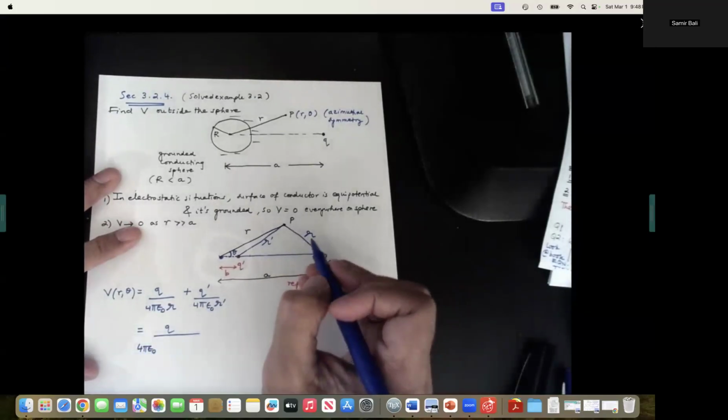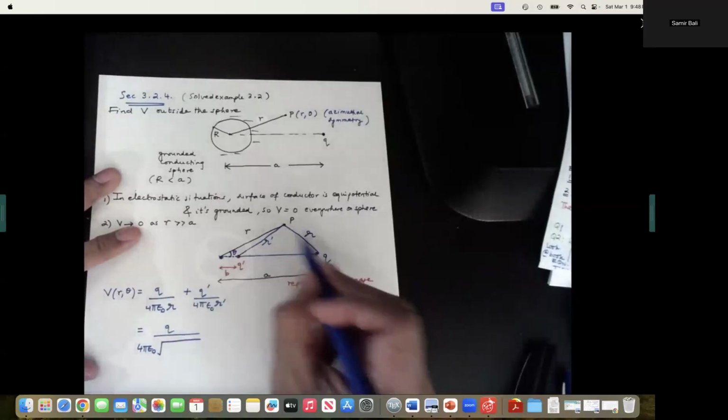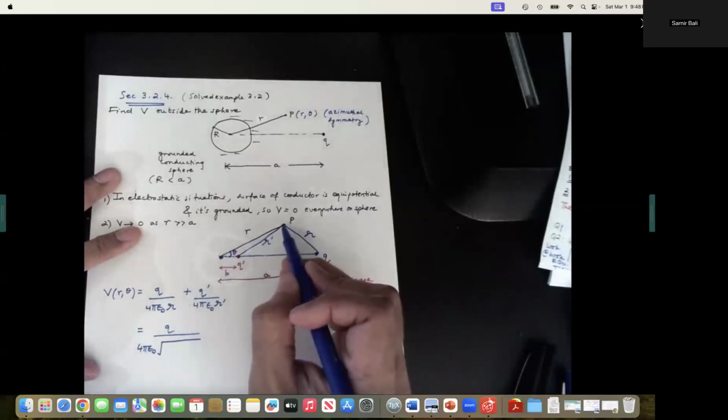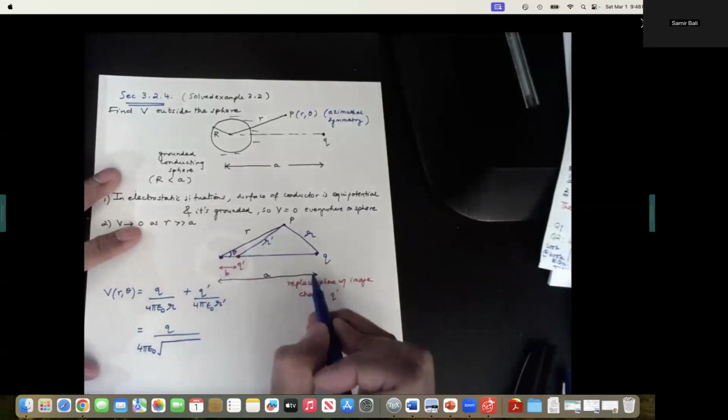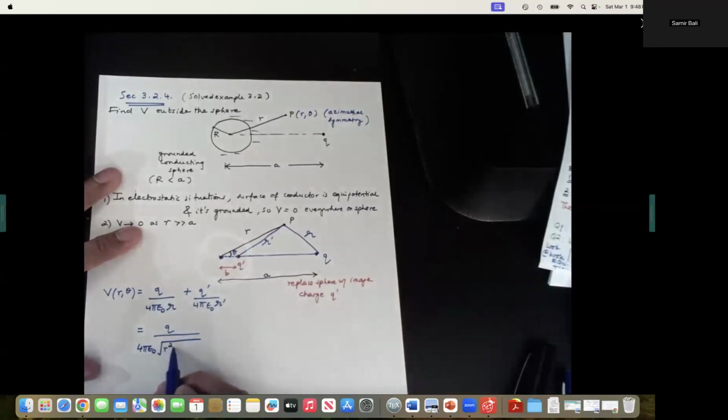Using the cosine rule, there's R, there's A, and the angle between the two is theta. So I get R squared plus A squared minus 2AR cosine theta.